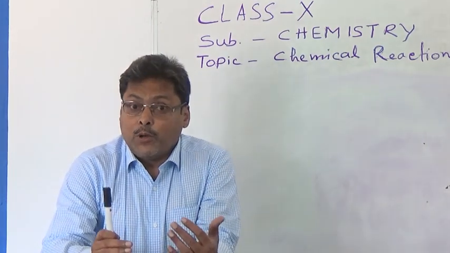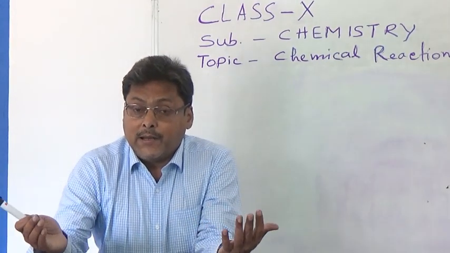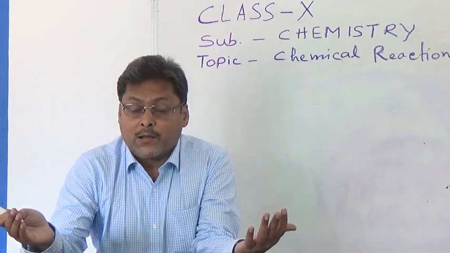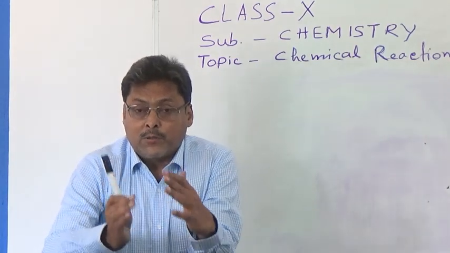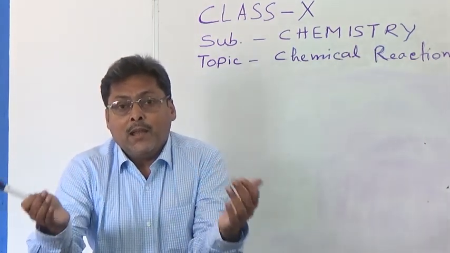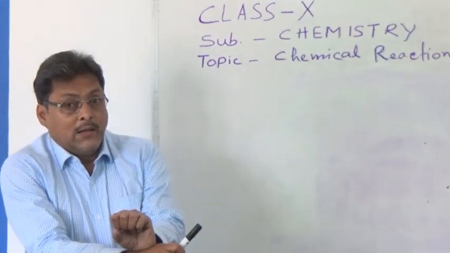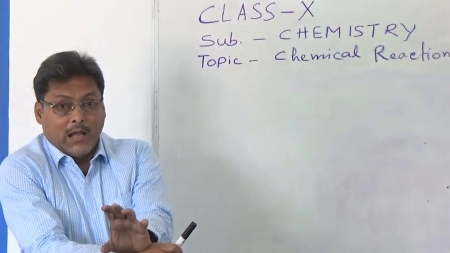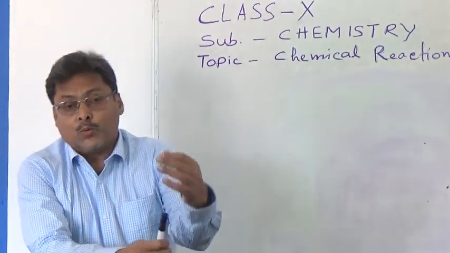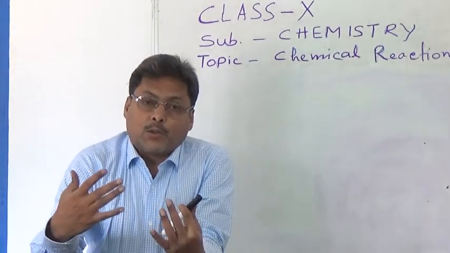No new atom can be created by any reaction in this world. The conservation of matter, conservation of mass, these things you have already learned. So, the total mass of the reactants will be equal to the total mass of the product.